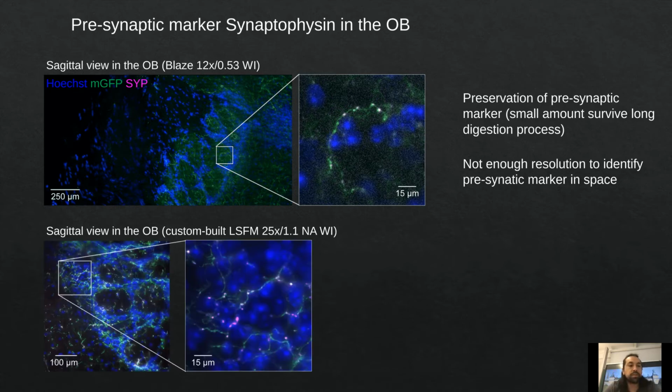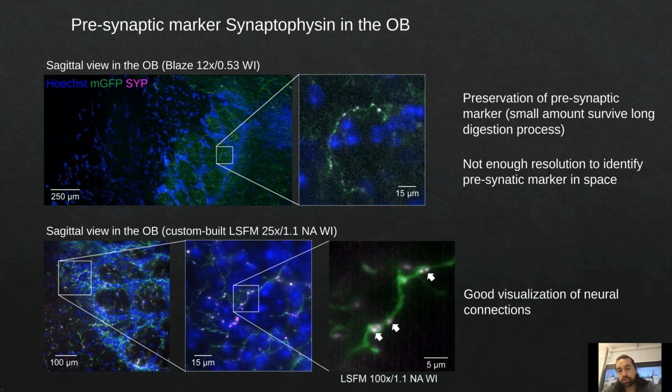So then we take exactly the same sample and put it in our custom-built light sheet, where we can fit a higher magnification objective, and there you can see that it's easier and clearer to identify these presynaptic markers.